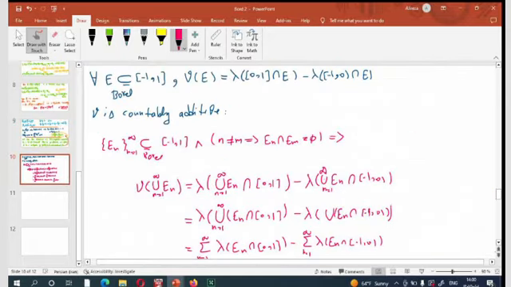but please note that this nu or this measure is not necessarily non-negative.